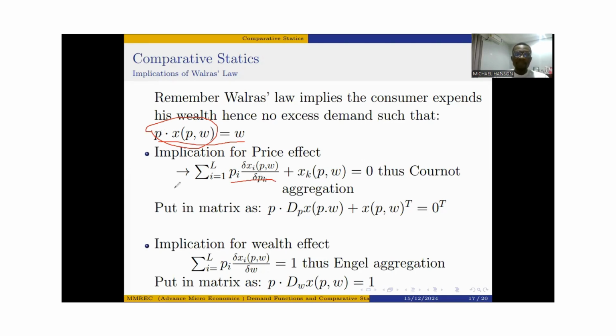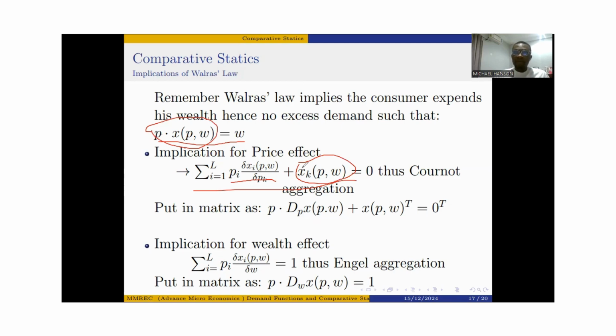So differentiating the expenditure function with respect to price produces what you call the Cournot aggregation. Now, the Cournot aggregation is also very critical. It suggests that all the elasticities plus all the share of wealth spent on that particular commodity should also add up to 0.